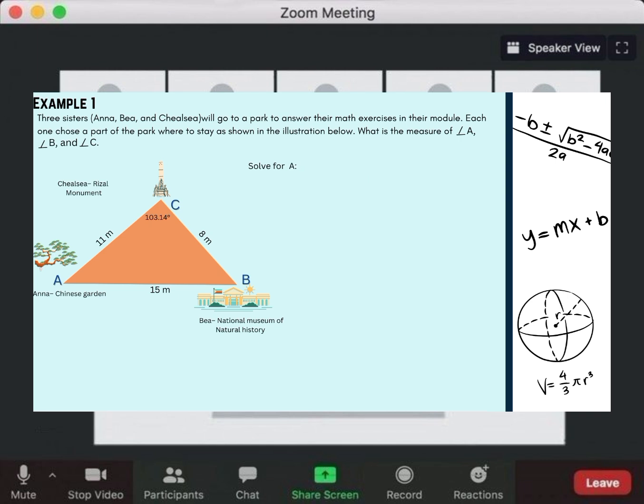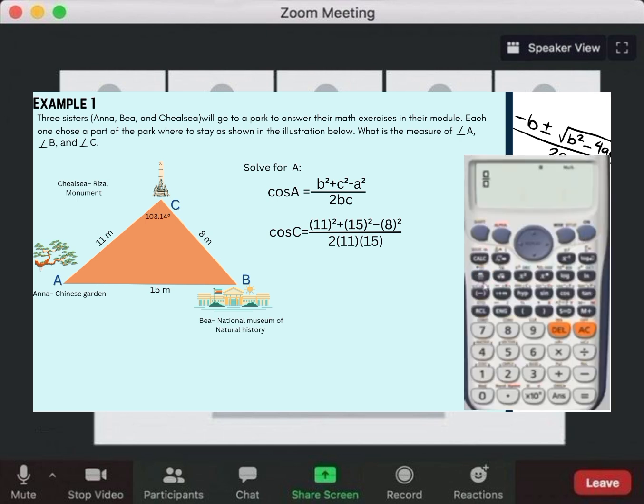Next, you can choose either angle A or angle B, but I will choose angle A. To solve for angle A, cosine A equals B squared plus C squared minus A squared over 2BC. Substituting, cosine A equals 11 squared plus 15 squared minus 8 squared over 2 times 11 times 15. Now let's solve. Click the fraction, 11 squared plus 15 squared minus 8 squared over 2 times 11 times 15.